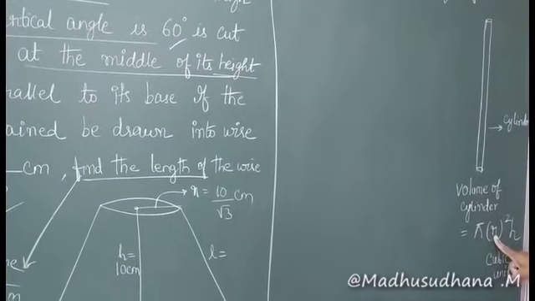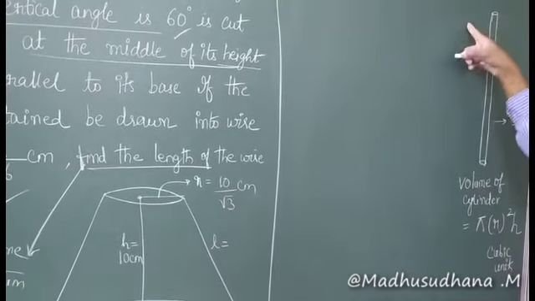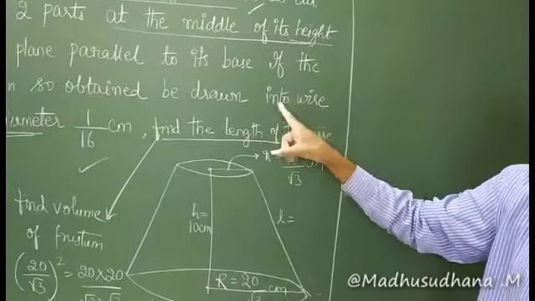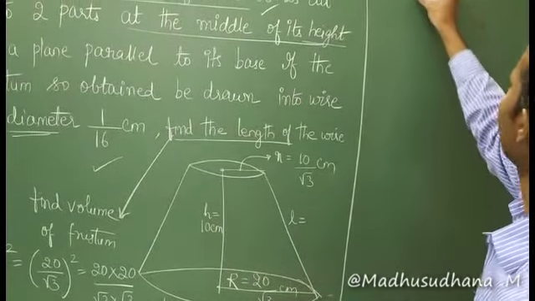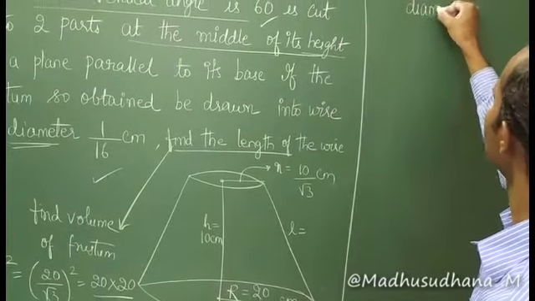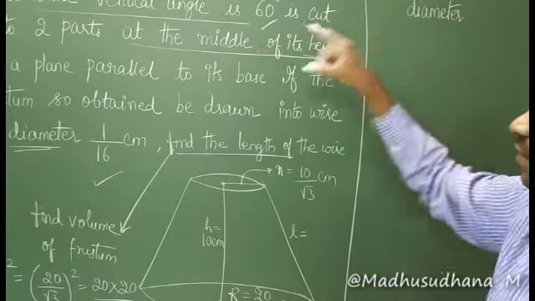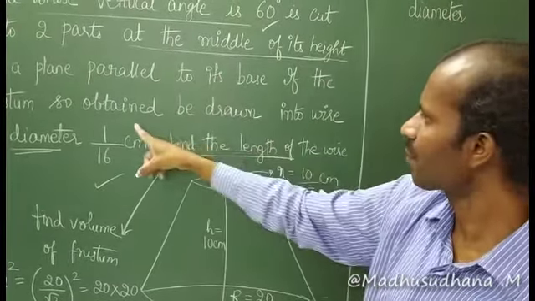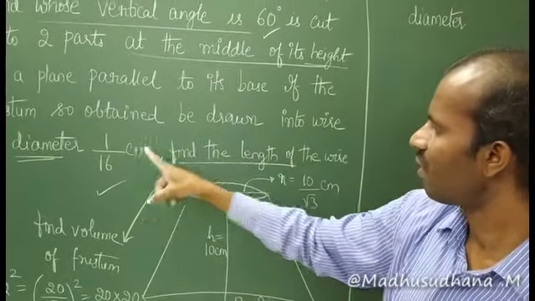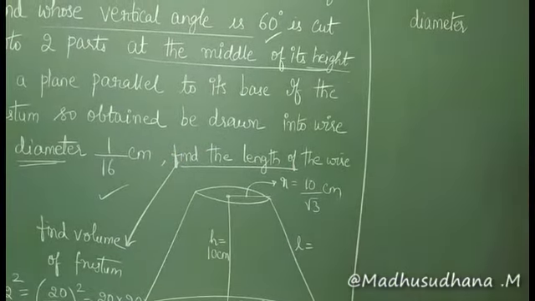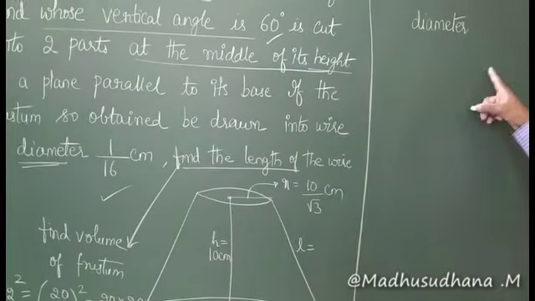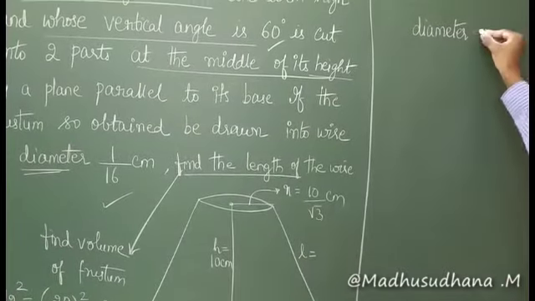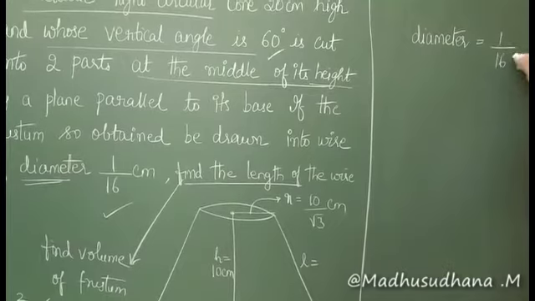But here we have the length to find, and the diameter is given. So let me write the diameter. Find if the frustum so obtained can be drawn into a wire of diameter 1 by 16 centimeters. Diameter is equal to 1 by 16 centimeters.